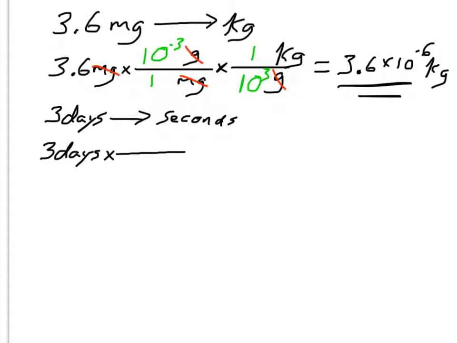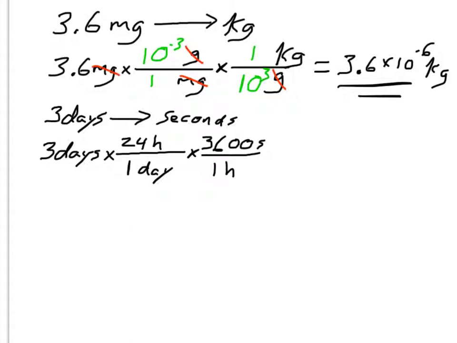So I know that in one day, there are 24 hours. And then I know that in 1 hour, there are 3,600 seconds. If you ever forget that, it's 60 seconds in 1 minute, 60 minutes in 1 hour, and 60 times 60 is 3,600.